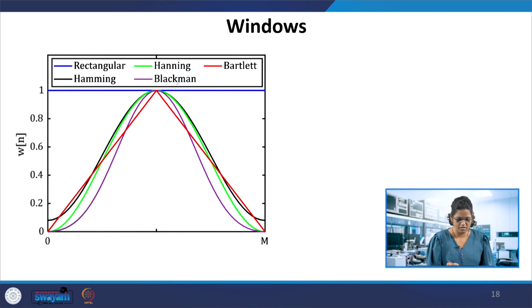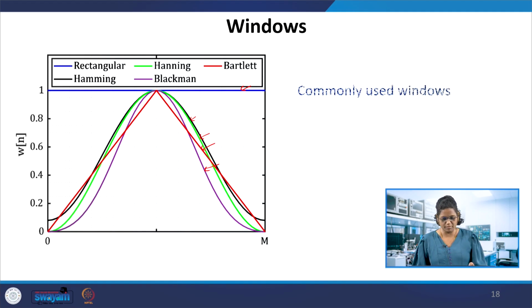The rectangular is the blue one, the green one is the Hanning, then the Bartlett triangular window, Hamming over here, the black one, and there is a Blackman window here. You can see the tapering used in these windows compared to the straight truncation of the rectangular window. But as we move to smoother windows, the point to be noted is the behavior of the main lobe width and side lobe level.